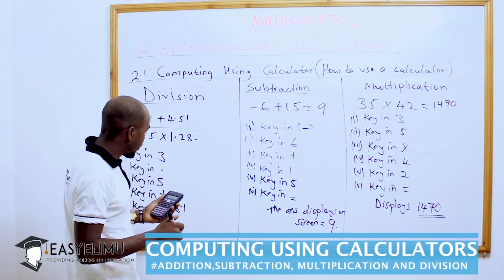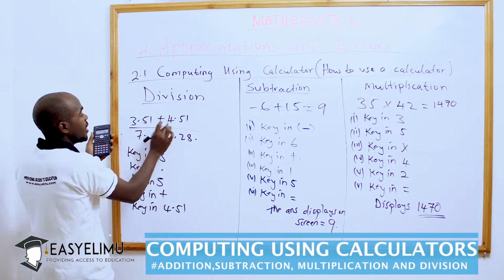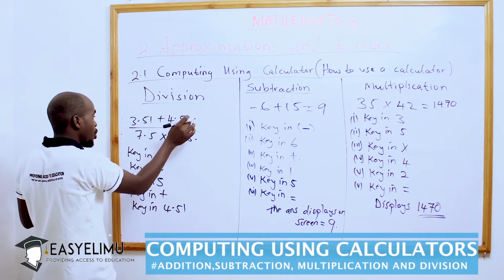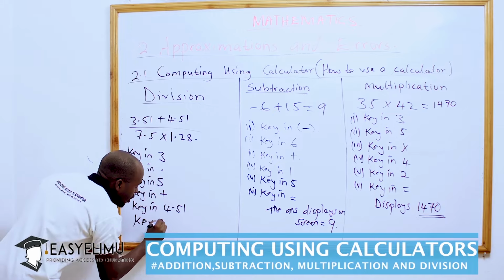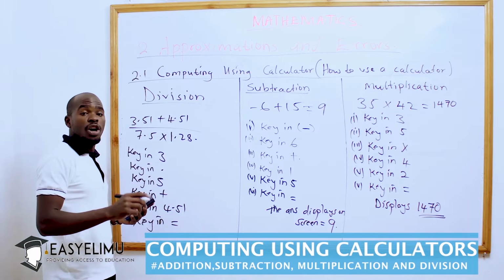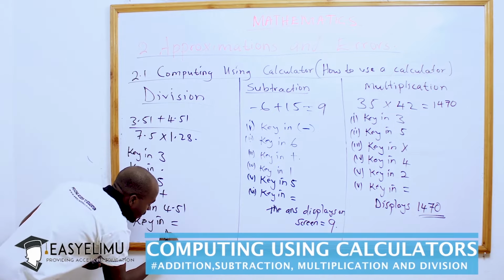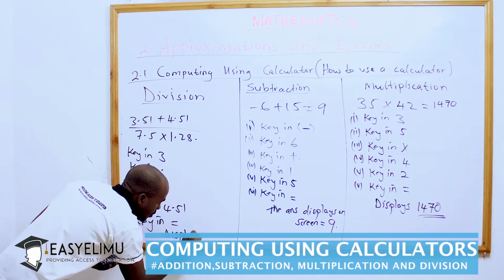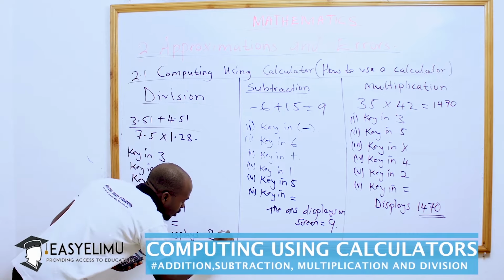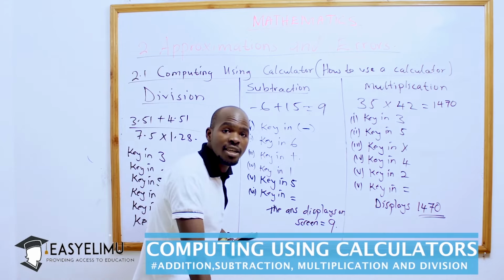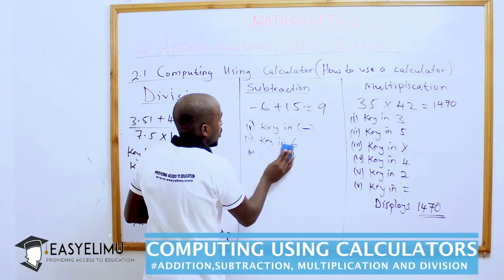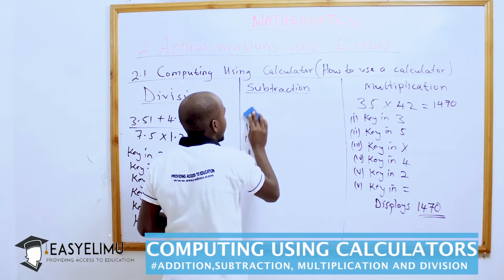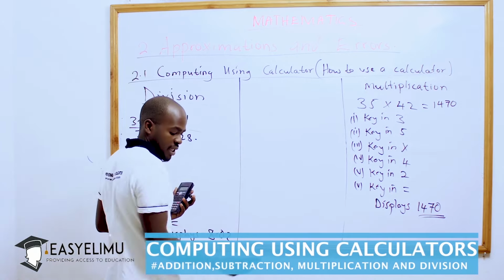After finishing the upper part, having keyed up to 4.51, you should key in the equal sign, so that the screen displays 8.02.